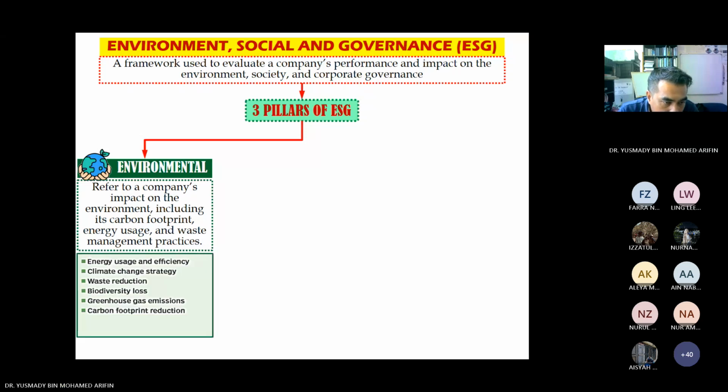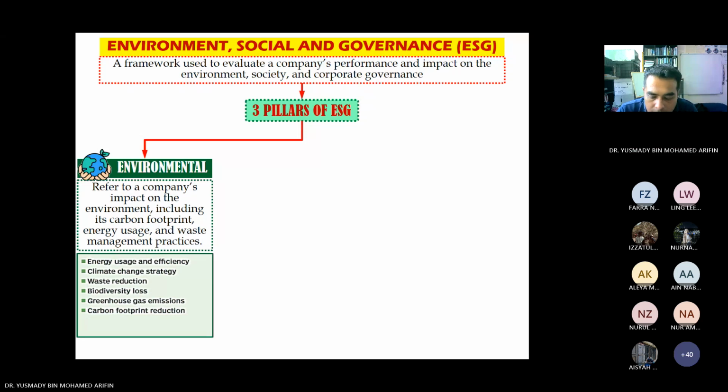Okay, so in detail, for example, the strategies: energy usage and efficiency, climate change strategy, waste reduction, biodiversity loss, greenhouse gas emission, and also carbon footprint reduction. So carbon footprint refers to CO2 emission.